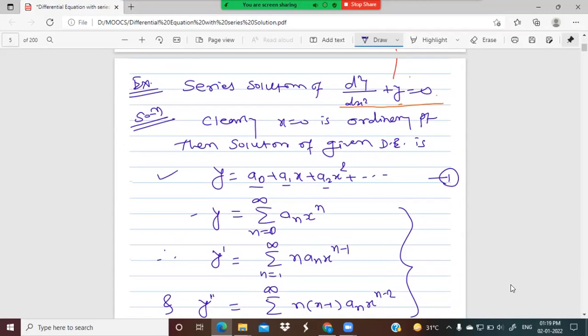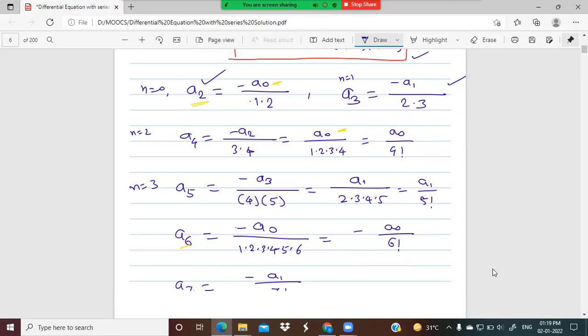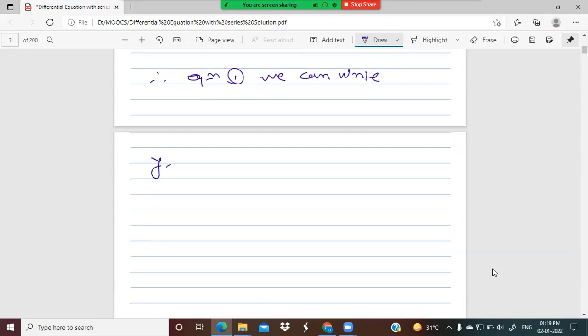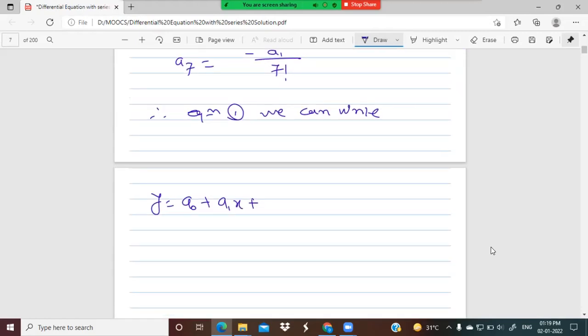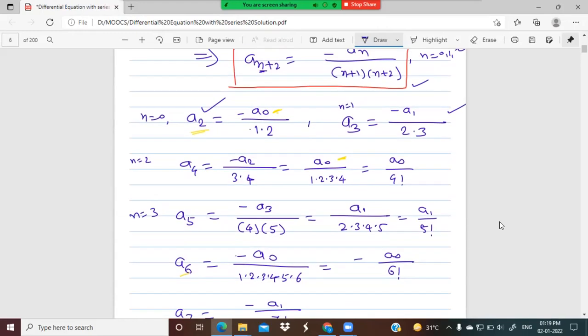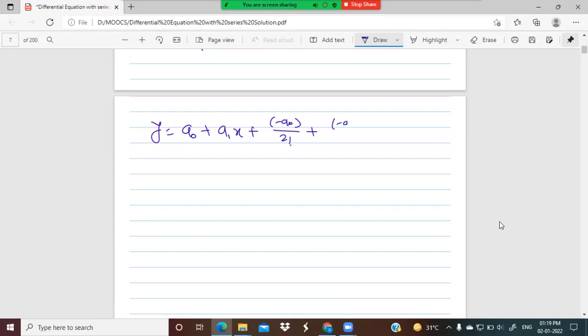I'm putting these values in equation 1. y is equal to a0 plus a1 into x plus a2 x square. What is a2? Calculated: a2 is equal to minus a0 divided by 2 factorial. Minus a0 divided by 2 factorial plus a3, a3 is minus a1 divided by 3 factorial, plus a0 divided by 4 factorial plus a1 divided by 5 factorial, and so on.